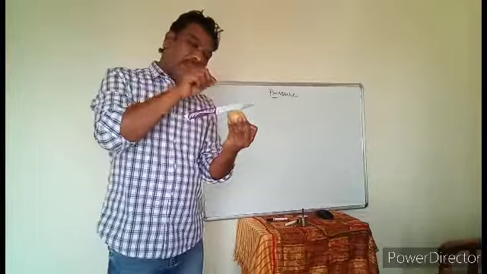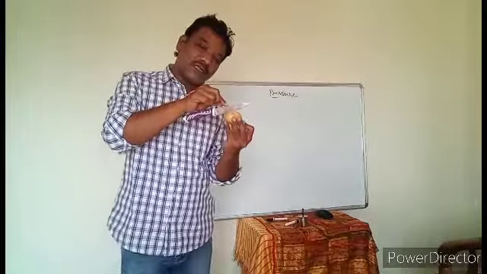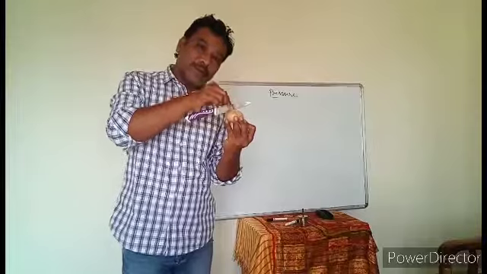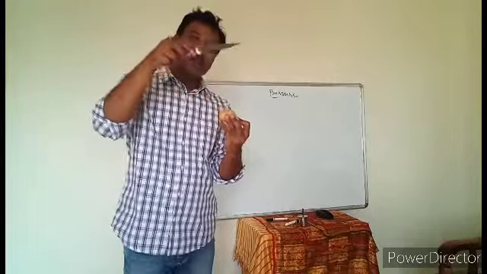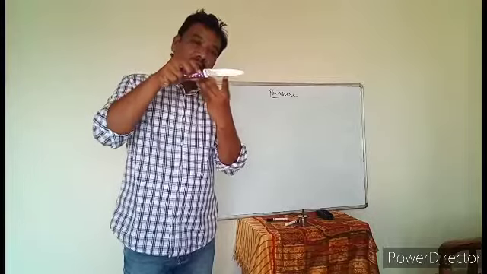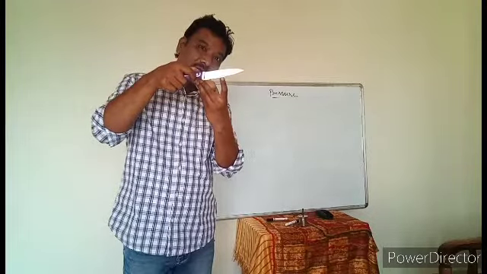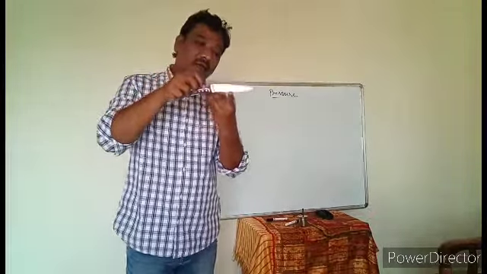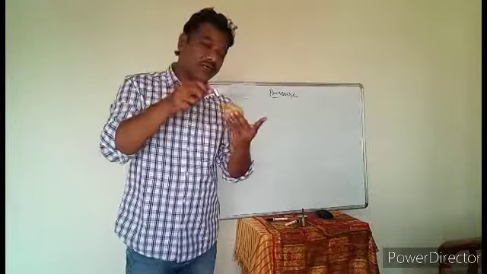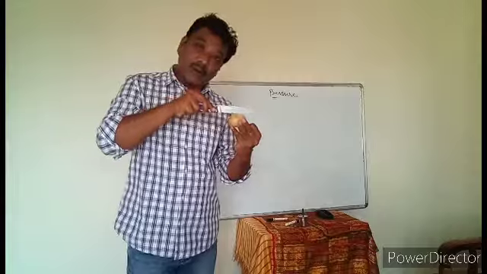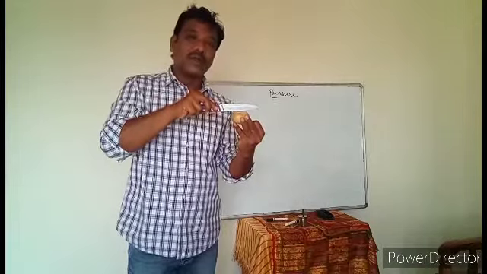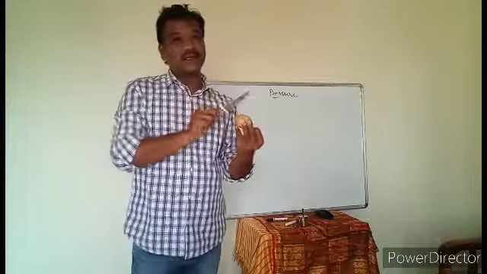By applying very little force, we are applying more pressure on the vegetable. Whereas with the blunt edge the area of contact is more, and when the area of contact increases, we have to apply more force. Here the pressure value decreases.